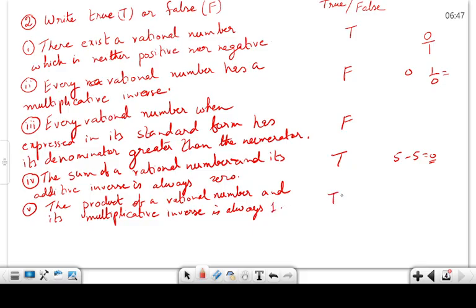That is also true. Suppose the rational number is 5, so the multiplicative inverse is 1 by 5, and if we multiply it, we get 1, and that is true.